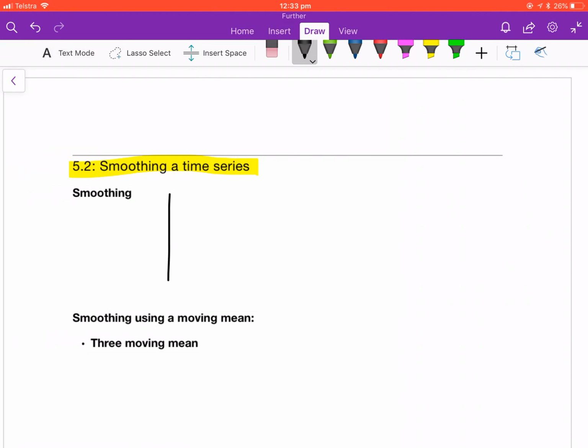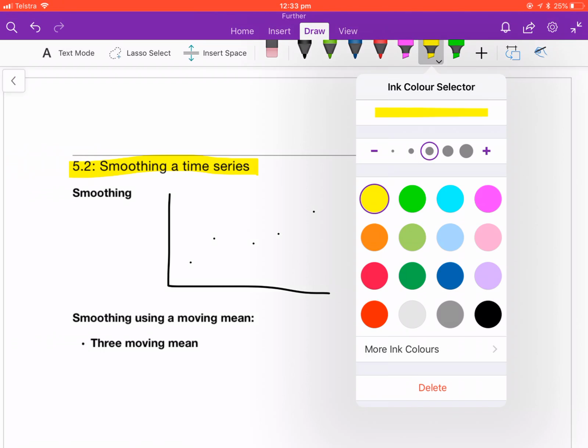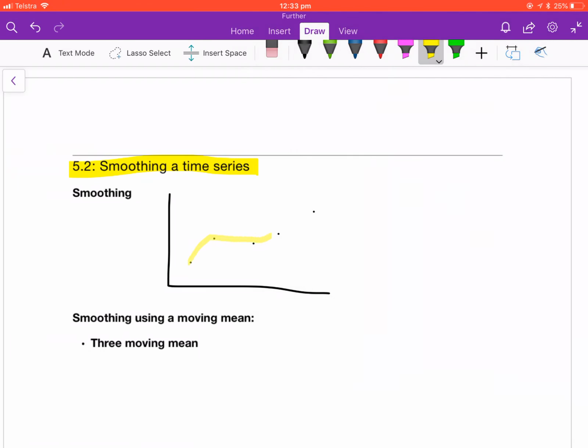So if you look at an example here, say we've got 5 points on our time series graph. If we're going to smooth using a 3 moving mean, we take the data point and the 2 points next to it, so we'll do these 3.